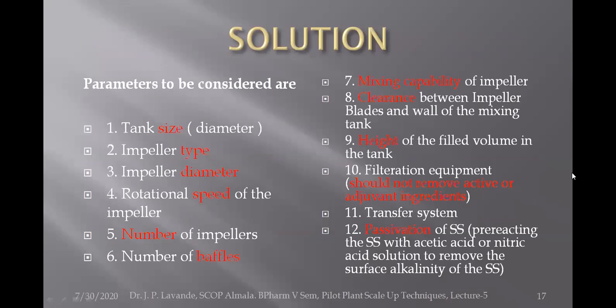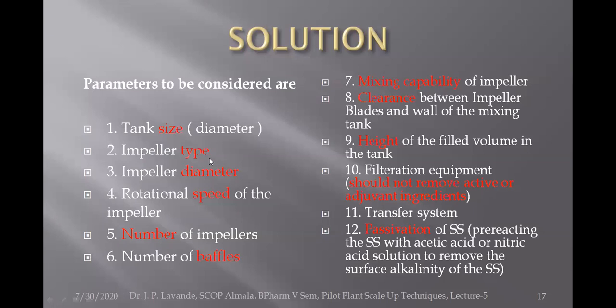Now, for the preparation of the solutions, we need to give consideration to various parameters. These are self-explanatory. The first is the tank size: what should be the diameter, what should be the volume we require. Based on the volume, one should select a particular tank size. The type of impeller: impellers are the devices used for the process of mixing. What type? Whether it is bladed, plain, or flat, right?